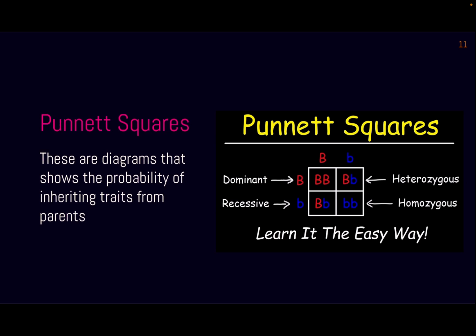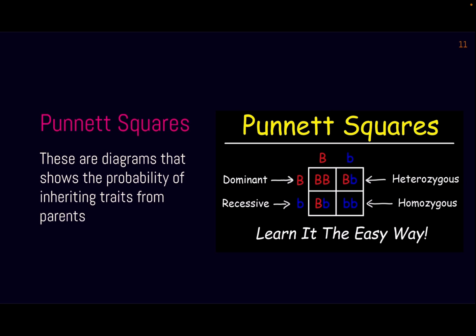This Punnett square right here is telling us that the chance of these two parents having a brown-haired child and a completely homozygous dominant child is 25% because it's 1 out of 4 of the boxes that have big B, big B. If we were asking what are the chances of having a heterozygous or a mixed child, you would have a 50% chance because 2 out of the 4 boxes have big B, little b.